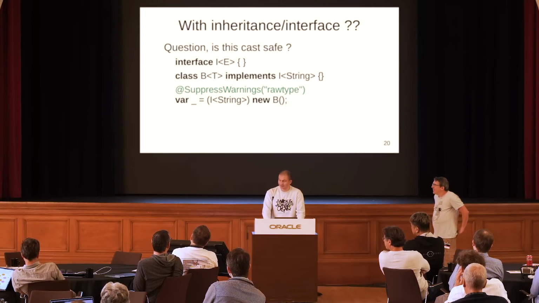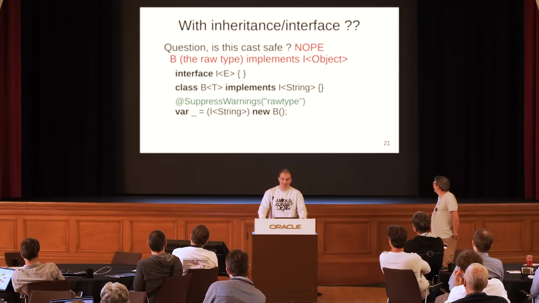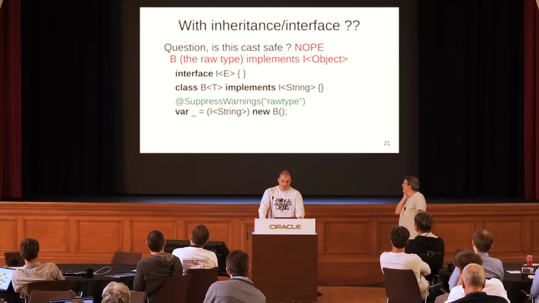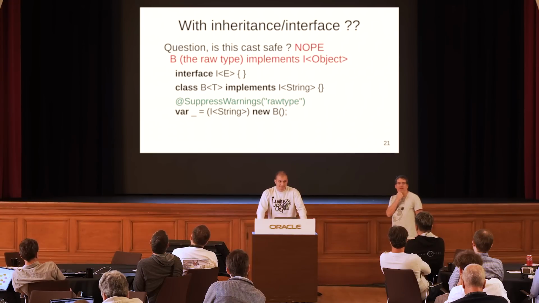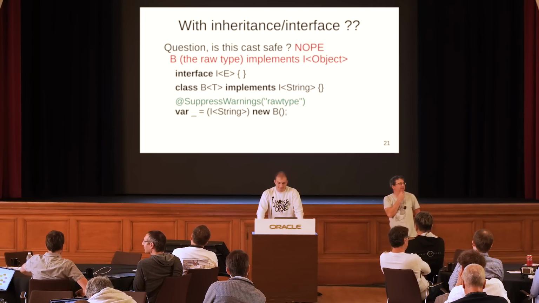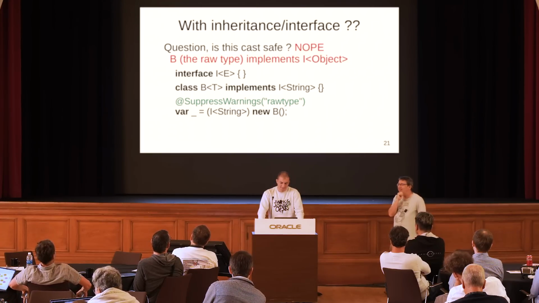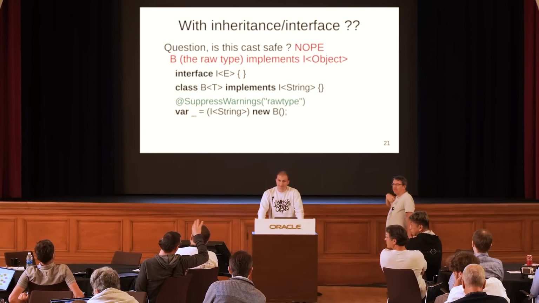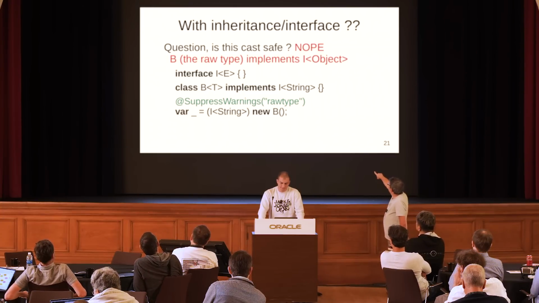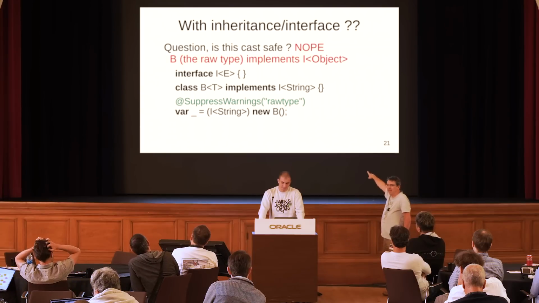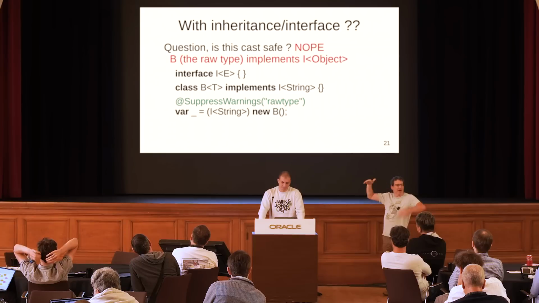And the answer is no. It's not safe, because when you do a new B, you create a new row type. And when you create a row type, its super type is a row type too. So the super type of the new B is just I, not I of something.